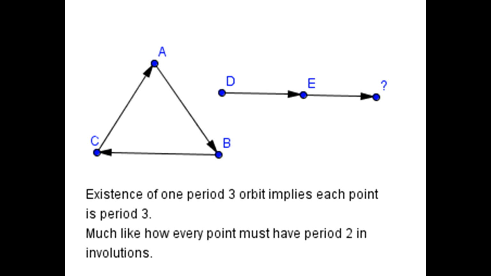Finally, the other case is, what if you don't have orbits, but you've just got this one triangle and all the other points are just strung together in a long line? Well, that can't be so either. These infinite linear chains in the same direction can't occur, again, because FFF has to be the identity.